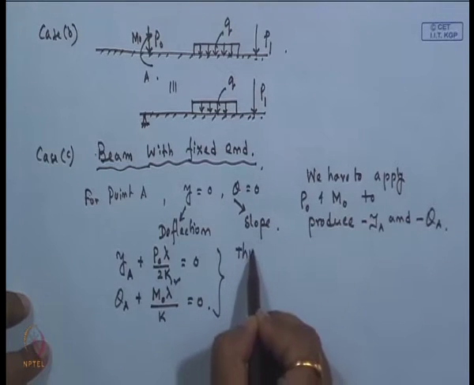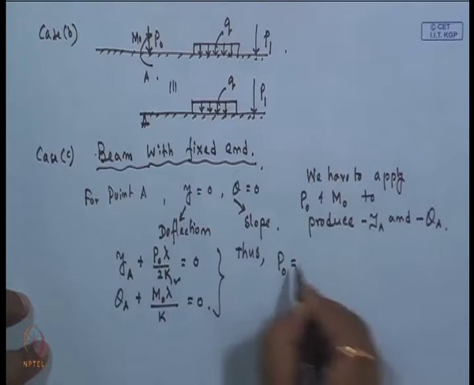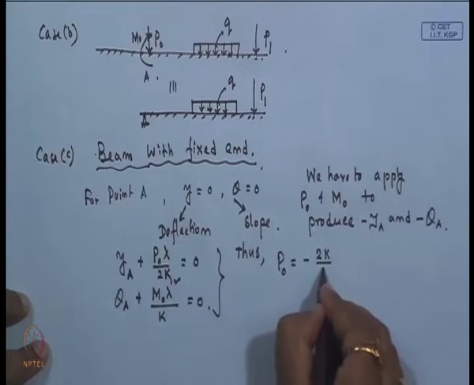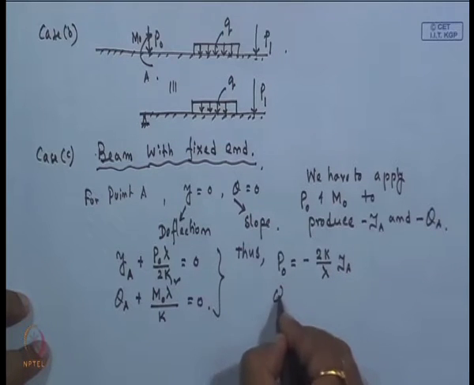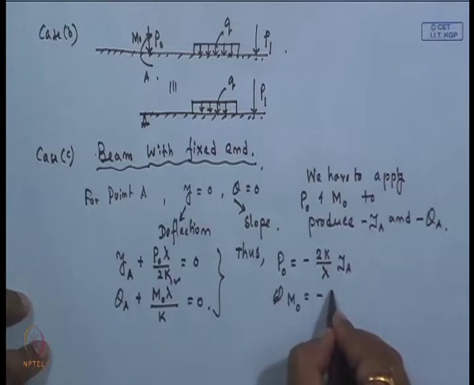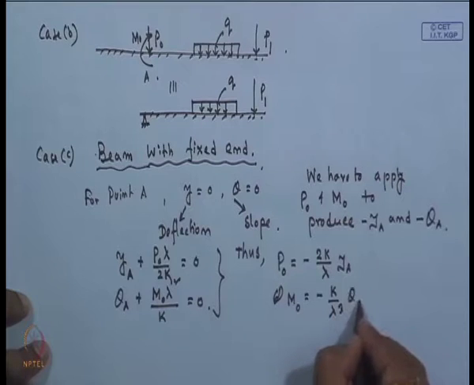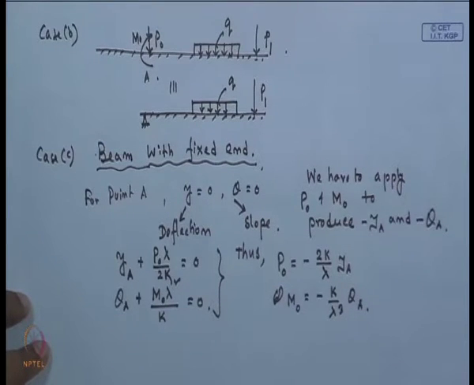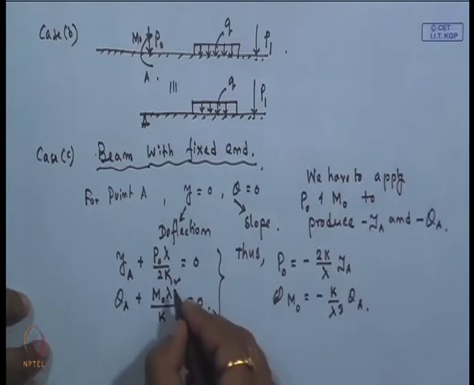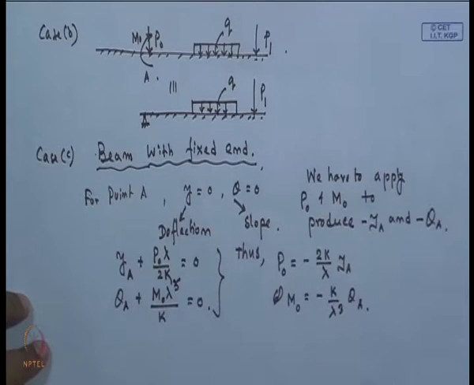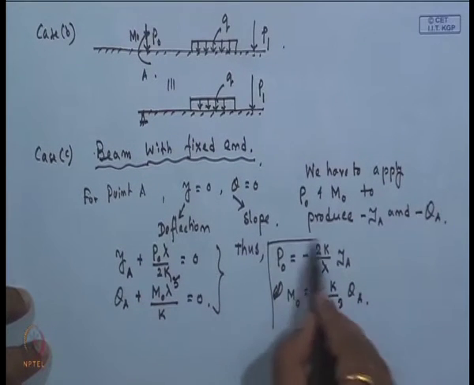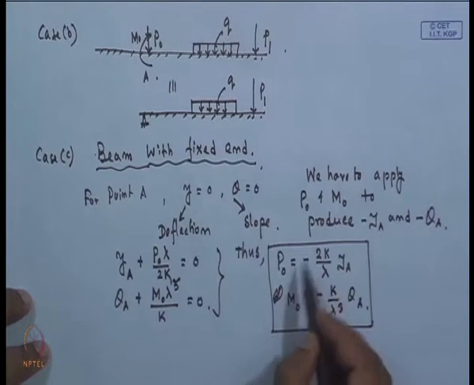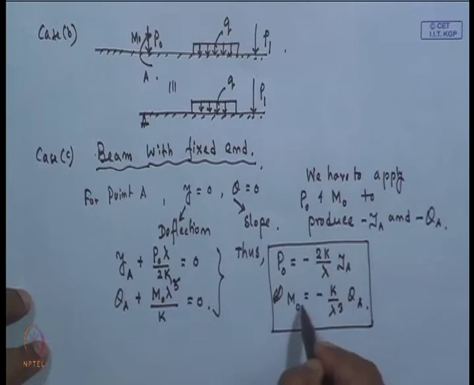After solving these two expressions, we get P 0 equal to minus 2 k by lambda y A, and M 0 equal to minus k by lambda cube into theta A. So, the final two expressions of this case are P 0 equal to minus 2 k lambda y A, and M 0 equal to k divided by lambda cube into theta A.